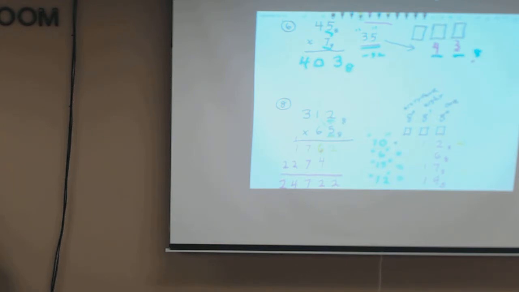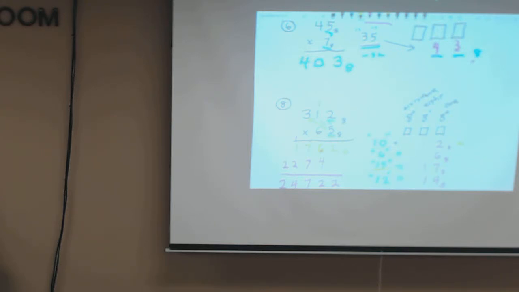Then what's 5 times 3? In your head, what's 5 times 3? 15. How do I say 15 in base 8? 1 8 and 7 ones. So I put down a 7 and a 1. And there's my first row.